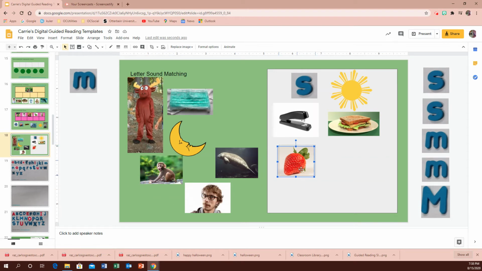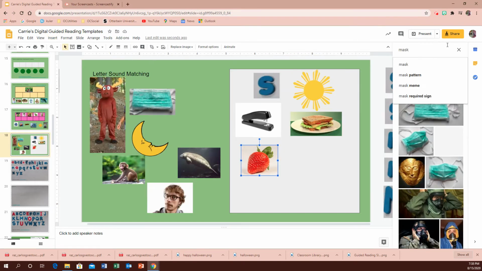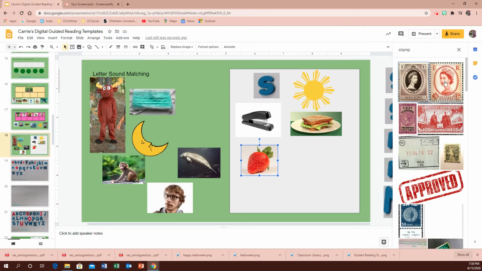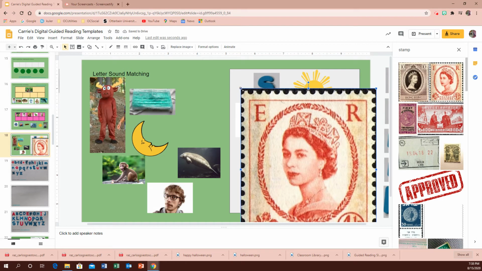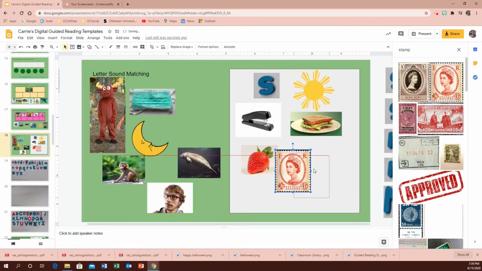If we need some more S pictures, I've shown this to you before, but it's insert, images, and we're going to search the web. Stamp. And you just drag and drop and then resize to make it fit. All right.